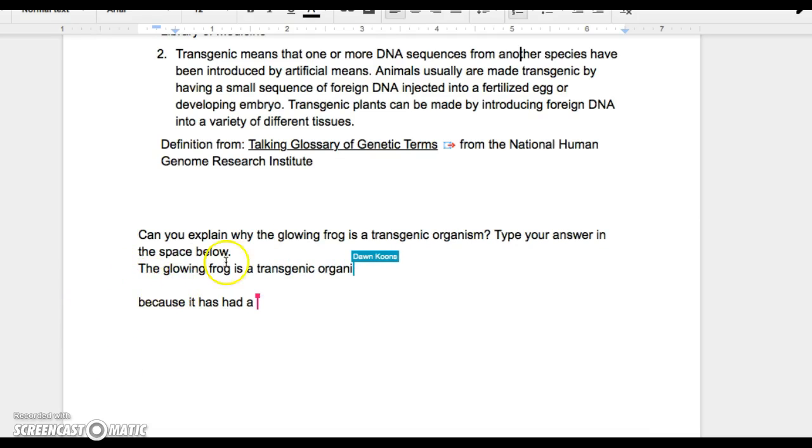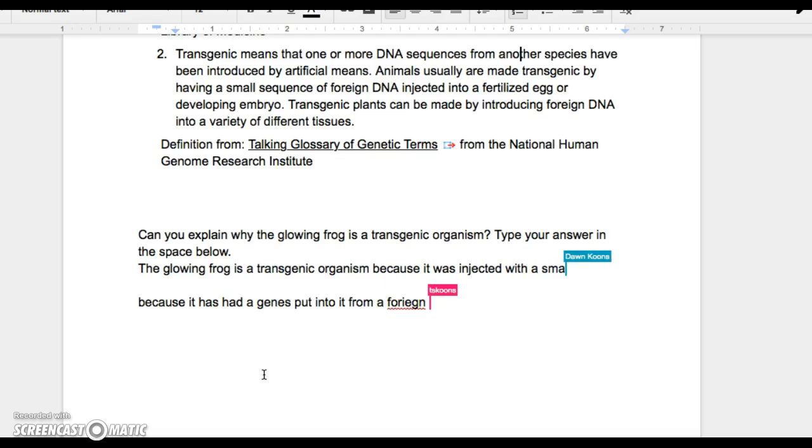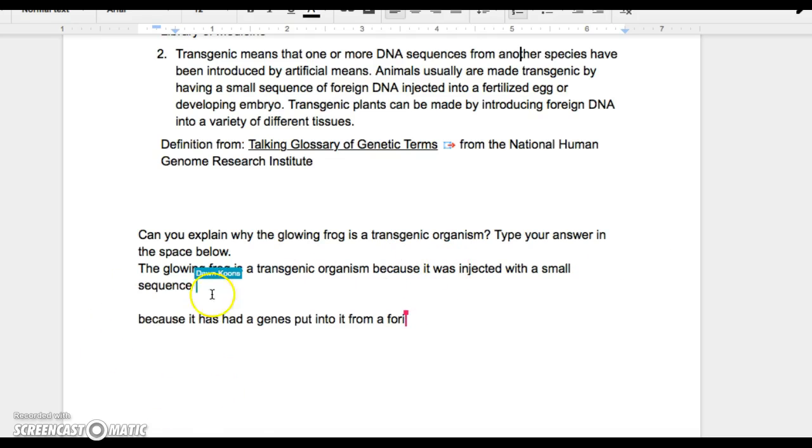Steve is saying the glowing frog is a transgenic organism because it was injected with, and Tim's down here saying with a small sequence of DNA, foreign DNA.